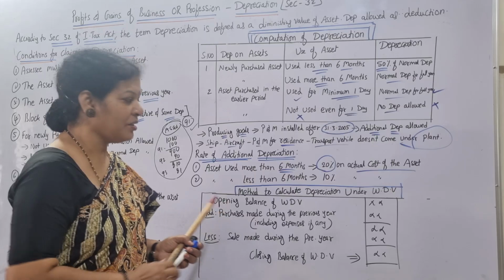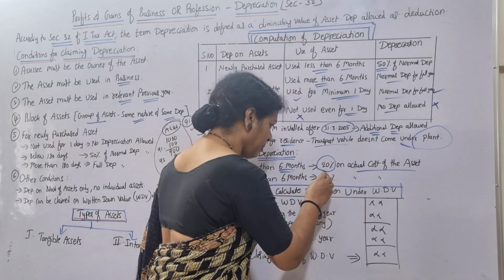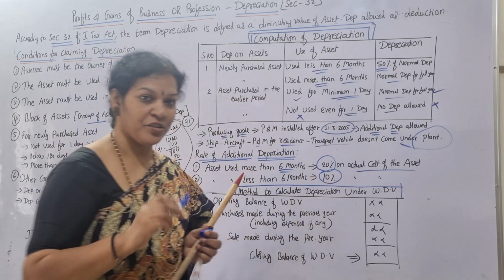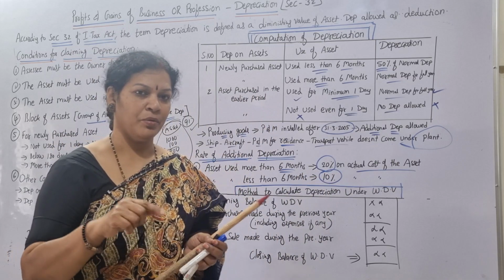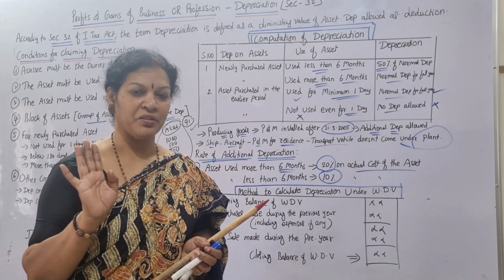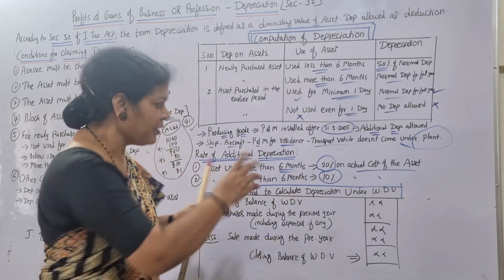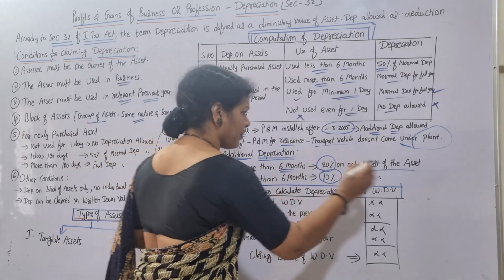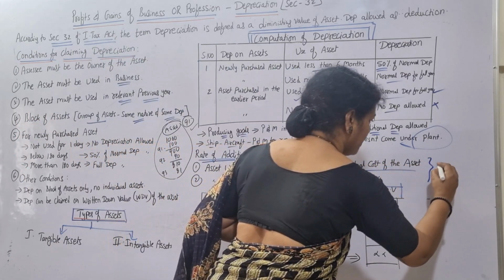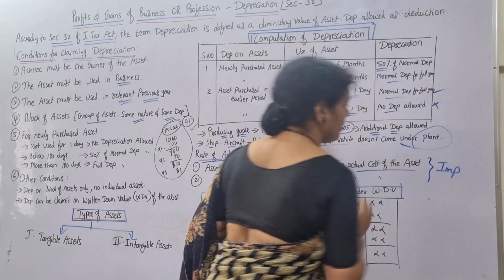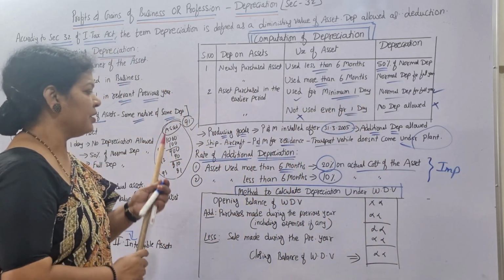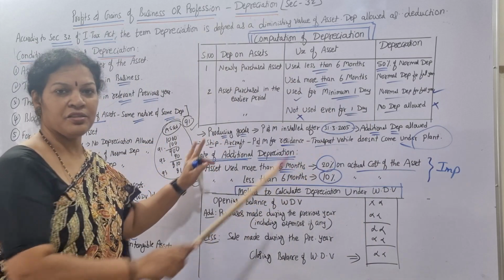Less than 6 months, 10%. Able to remember? Additional depreciation: more than 6 months, 20%. Less than 6 months, 10%. Very important point, please remember. And now, did you understand this table?